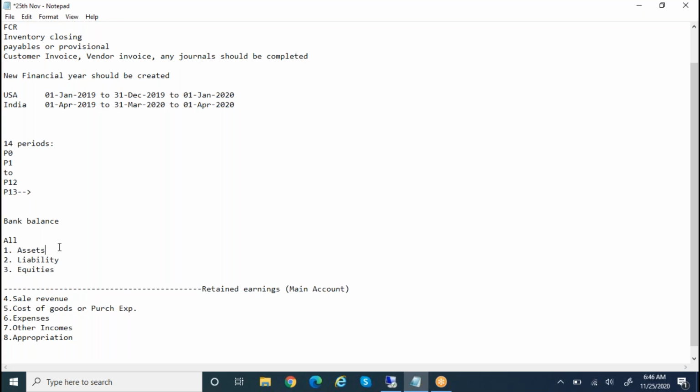Basically, because you are from a logistics background, that is the reason you are talking about purchases and sales. Of course, in a real-time scenario, accountants will post a lot of journals about expenses. They will post daily.